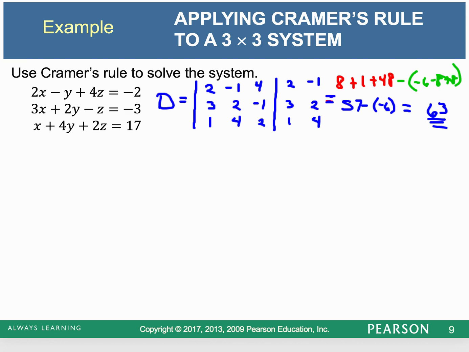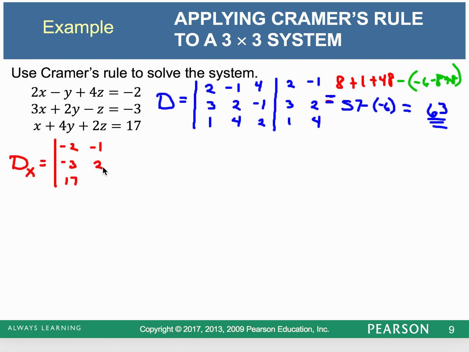Okay, now we need D sub X, D sub Y, D sub Z. So D sub X, I'm going to replace the X coefficients with the answer column. So negative 2, negative 3, 17. And then the Y's and Z's stay the same.